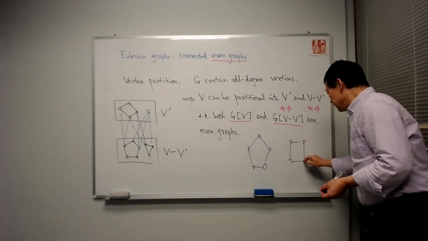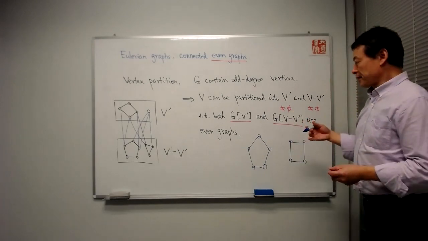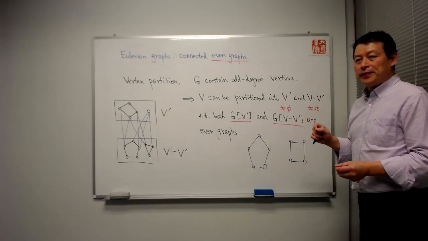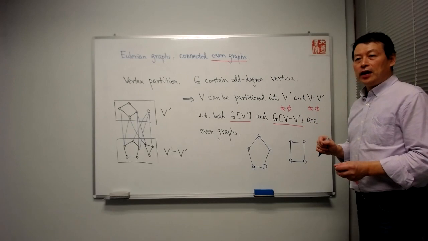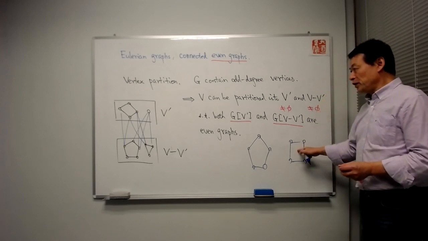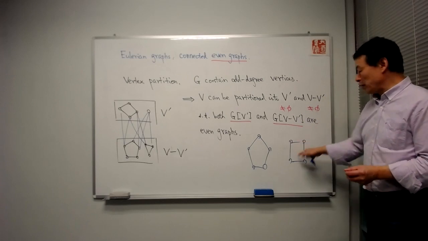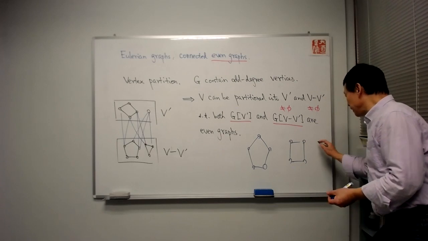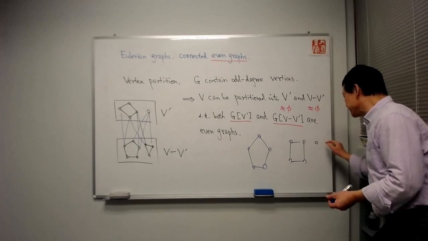Now even graph means degrees are even, but it's not necessarily a cycle, because there is the special case of isolated vertices. Vertex degree can be 0. So this one looks impossible because it's only one cycle, but after partition it looks like this: isolated vertices.